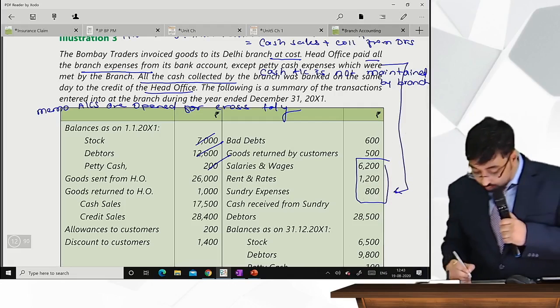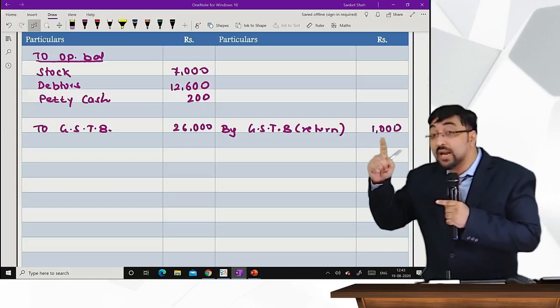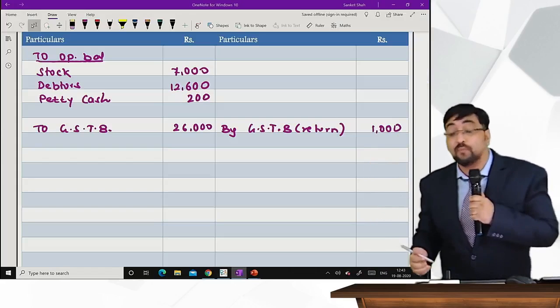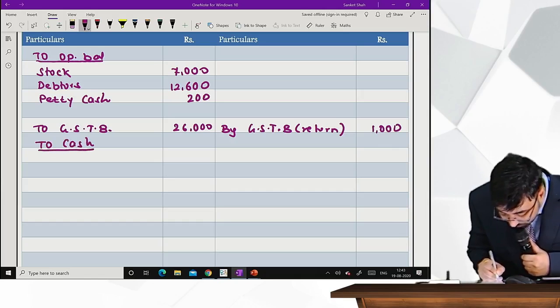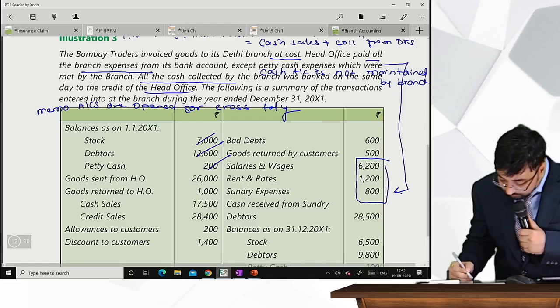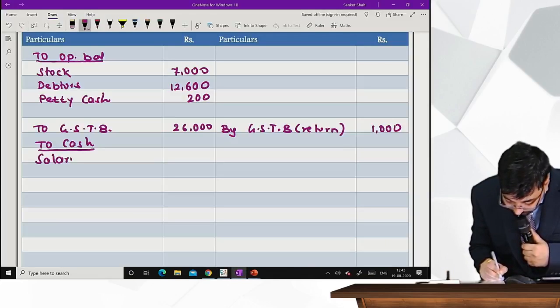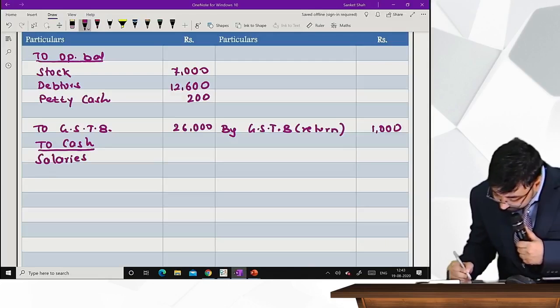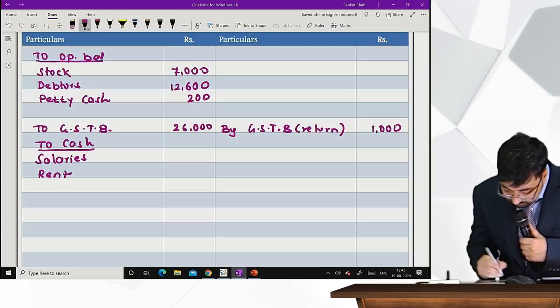So friends, we are going to pass this entry. HO will pass the entry. Branch is a debtor. Cash goes out. So branch account debit to cash. Below that, write down salary and wages, salaries, rent and rates, and sundry expenses.